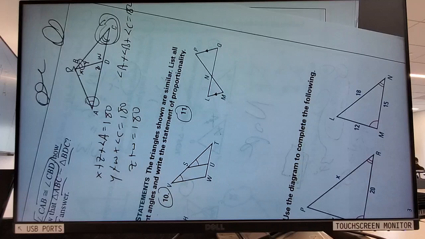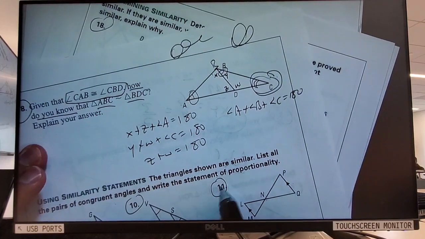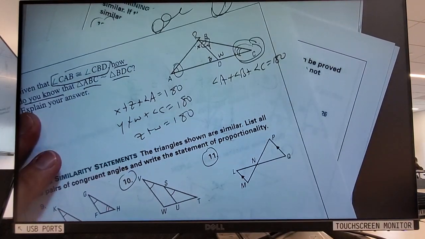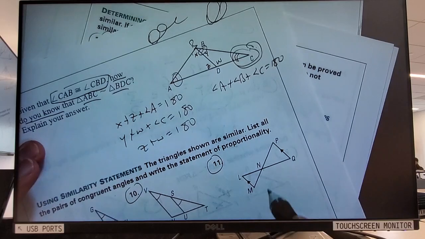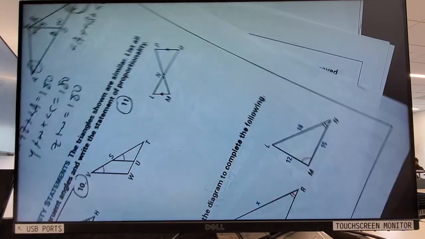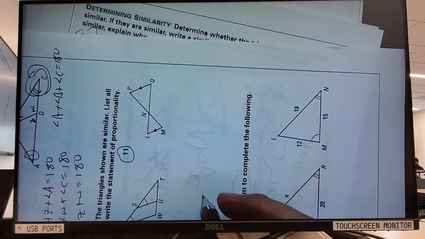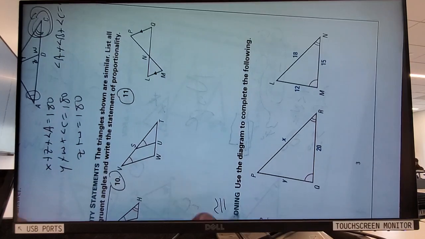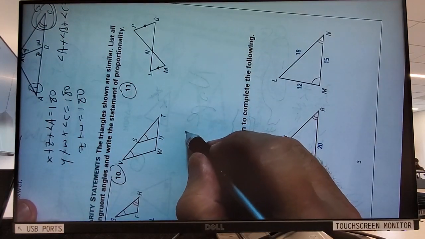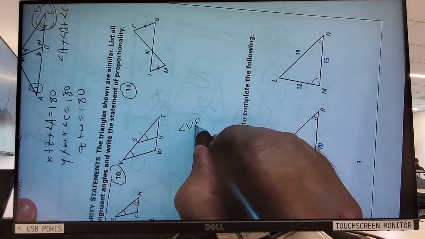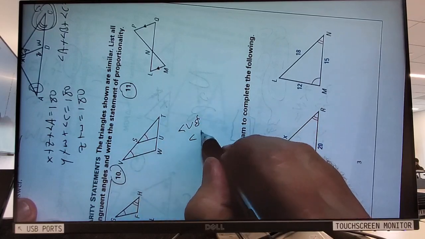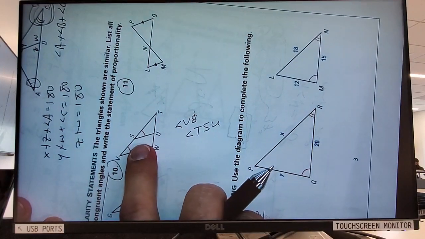Okay, let's not do every single one. Can somebody tell me what pairs of angles are congruent here? They give us S and V, right? So angle V and angle TSU are congruent.